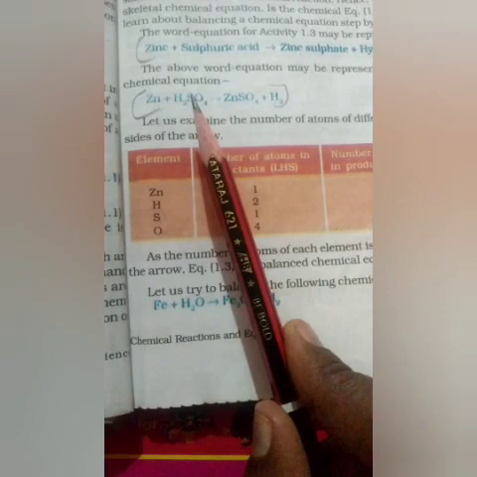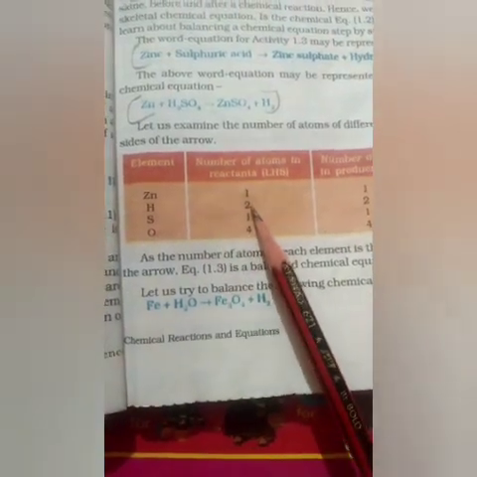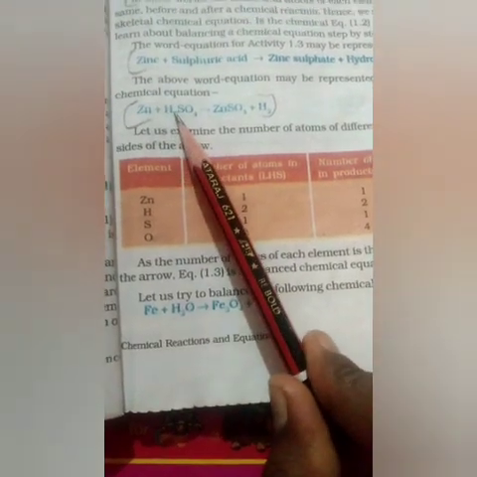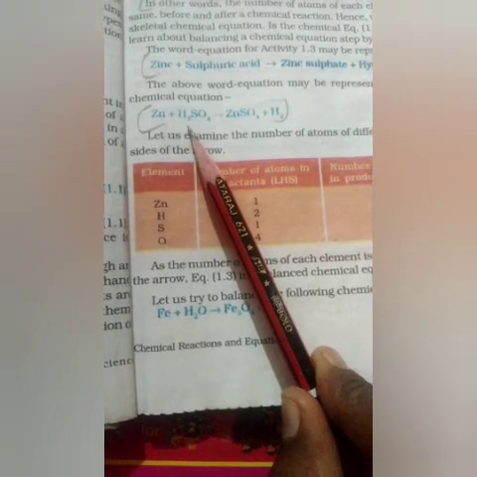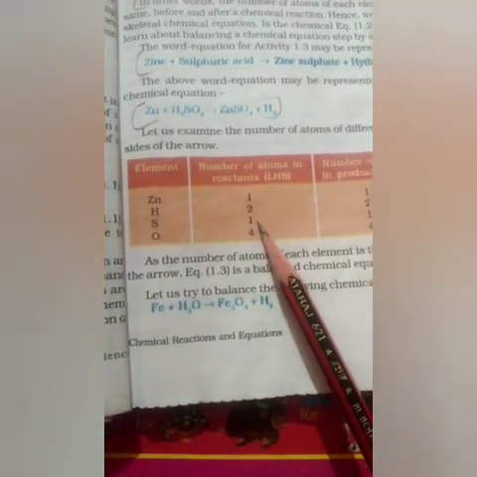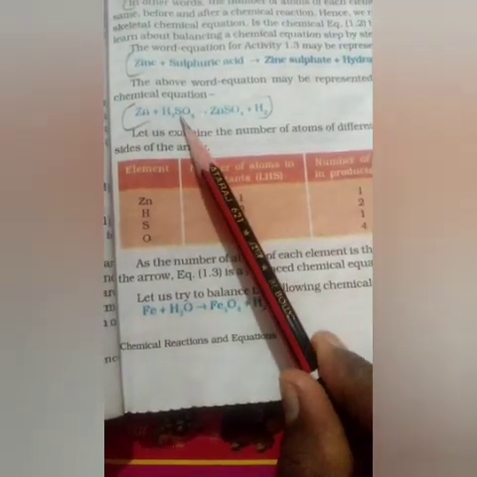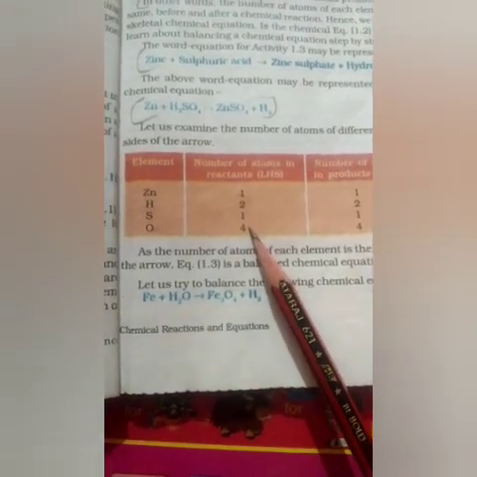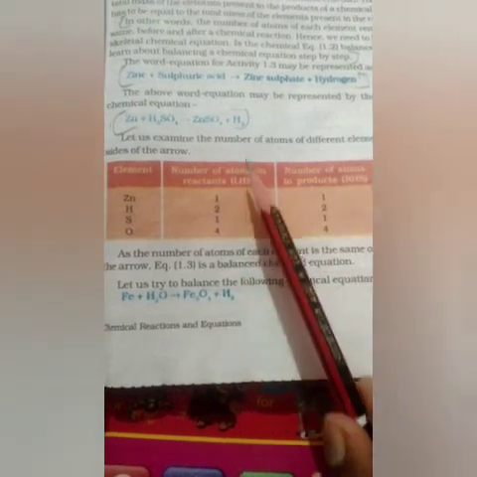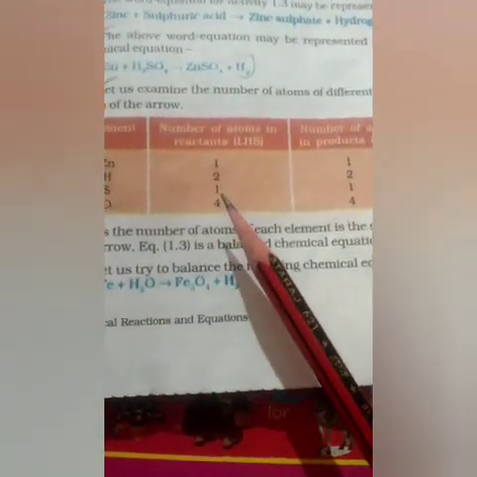Next, hydrogen having 2 atoms of hydrogen molecule, sulfur having only 1 atom of sulfur, and oxygen having 4 atoms of oxygen. This comes under reactants.